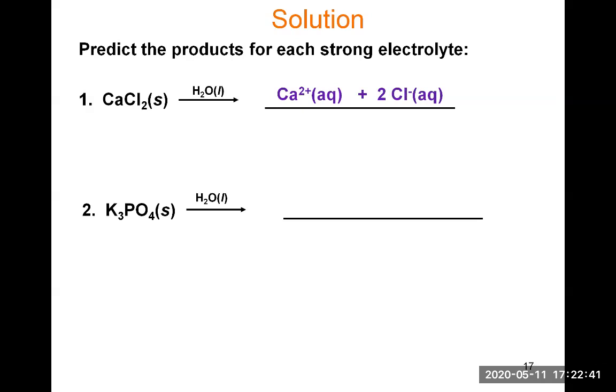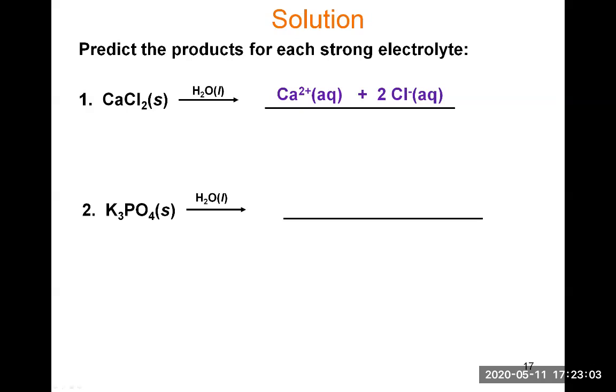And here notice how there is 2 Cl minus. You need to be aware of that and remember to write that it's 2 chloride ions for 1 calcium. You know that because there is the subscript 2 in CaCl2 that tells you there is 2 Cl for 1 Ca.